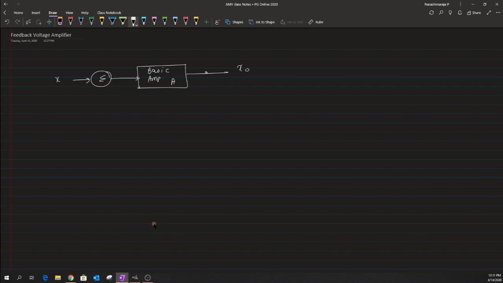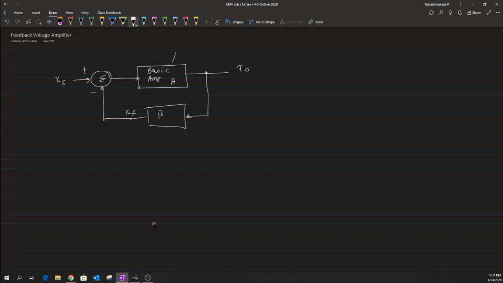The signal source to the feedback amplifier is written as XS, and there is a beta, or the feedback network, that samples the output signal X naught and produces a signal XF, which is mixed across the input. Okay, so this is the type of network that we had.